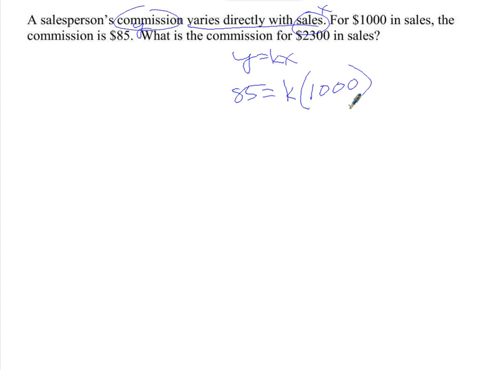And from here on out, the problem is the same as what we've been doing. Divide both sides by 1,000. K equals 85/1,000, which is 17 over 200. Gotta love technology. Now what?